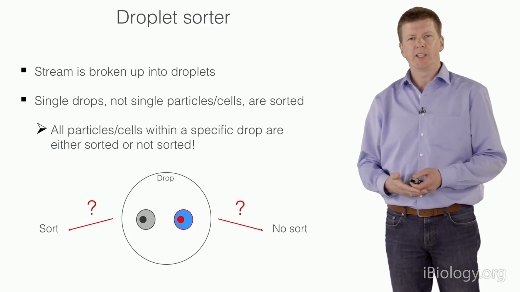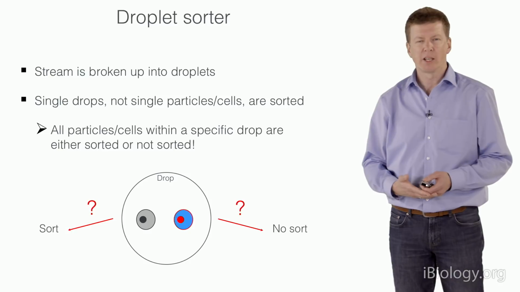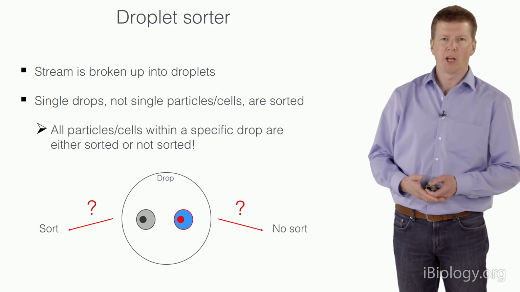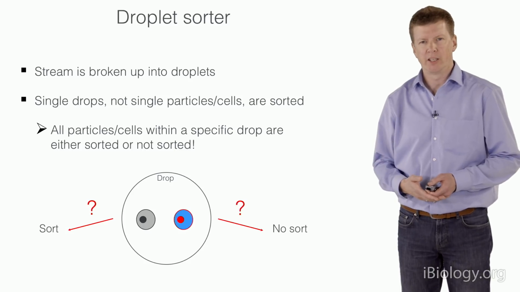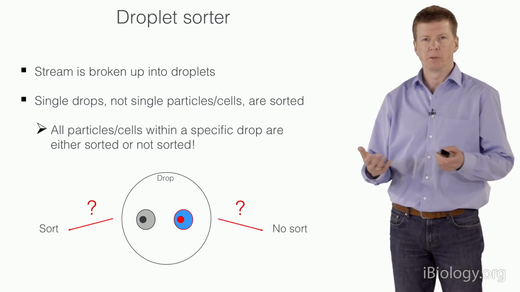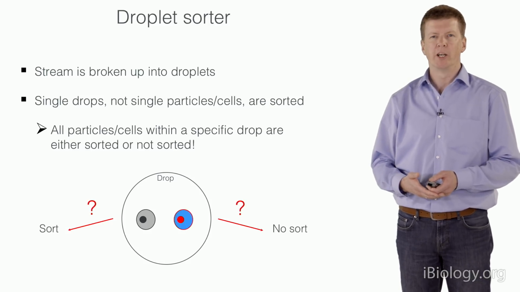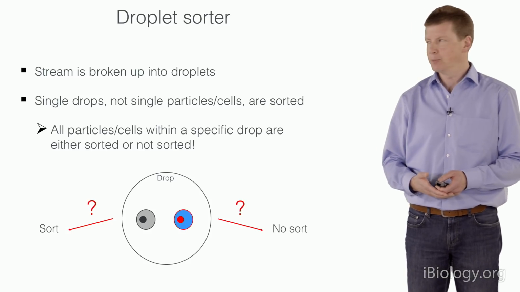So basically, we are doing droplet sorting and not cell sorting, and we are only calculating when a cell of interest is reaching this particular drop. That means that all the particles which are included in the drop will be sorted out finally.